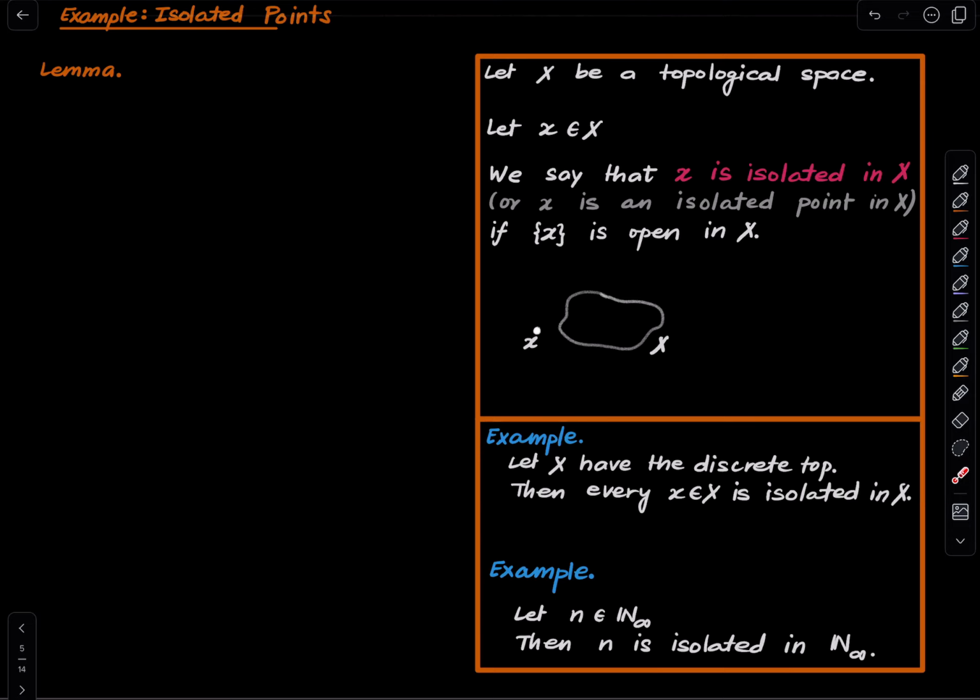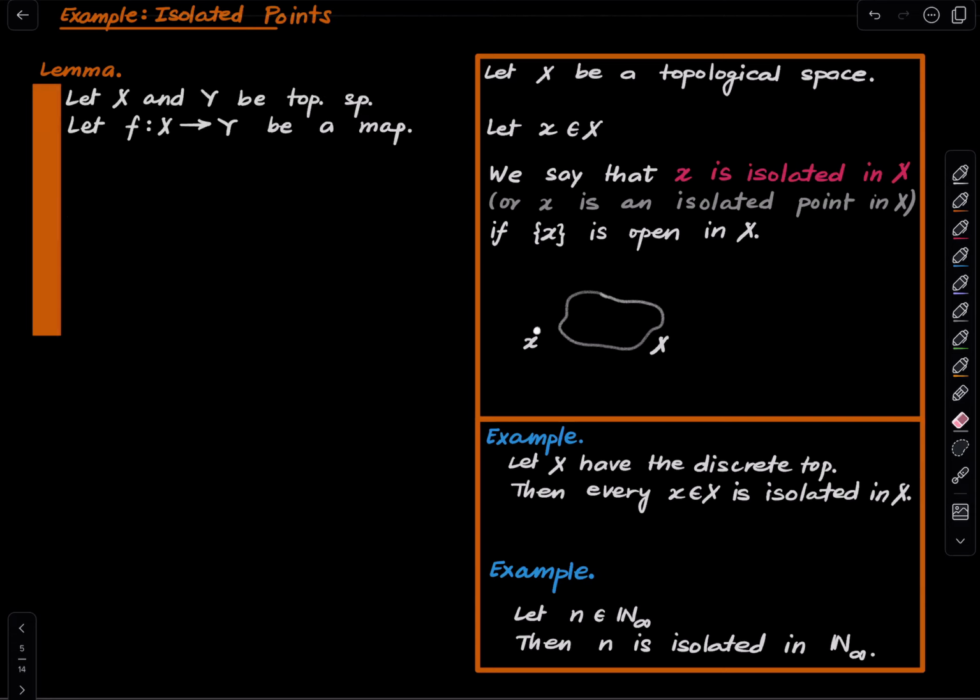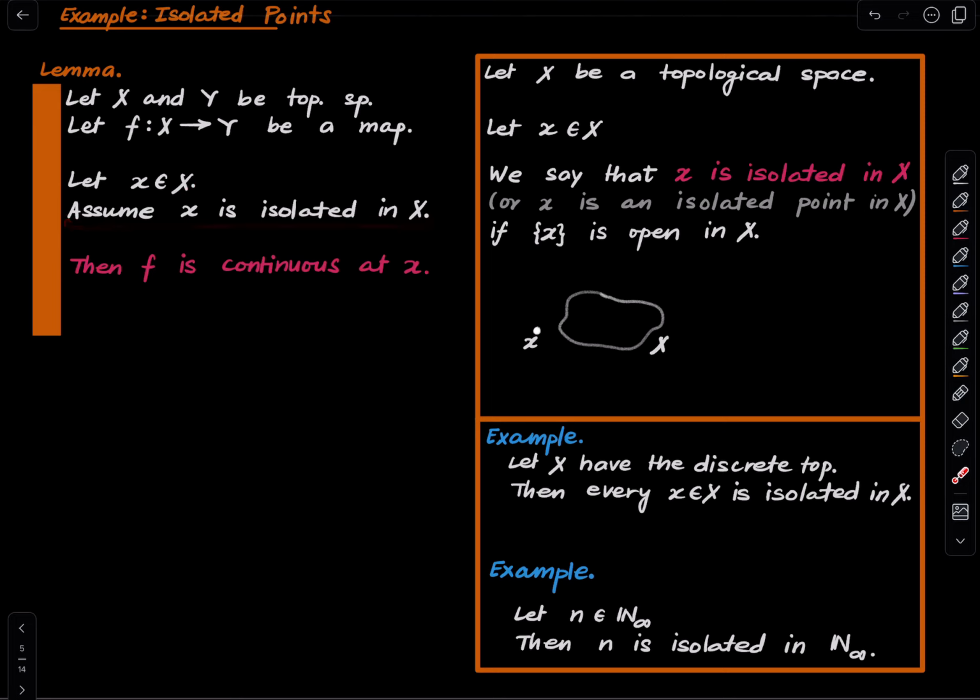All right. Now here we have a lemma. So we have two topological spaces, X and Y, and we have a map f from X to Y. Then you pick any point x in the domain of f and assume it is isolated. Let's be very clear about the hypothesis.